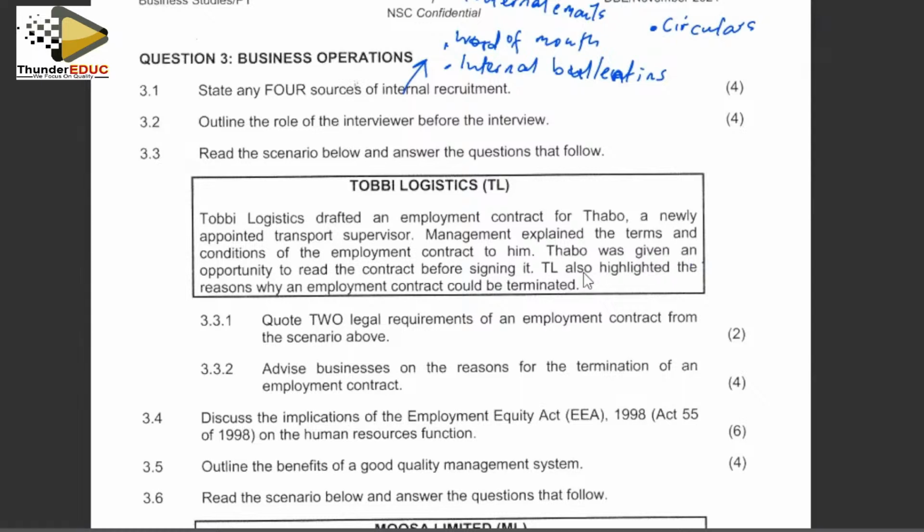So one of the roles is to book and prepare the venue for the interview.